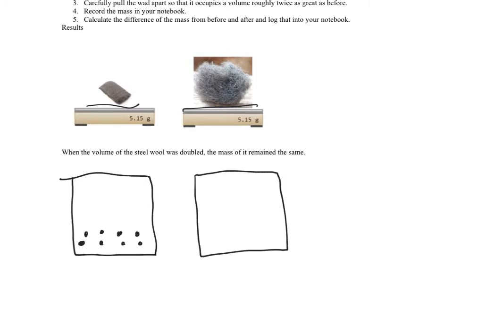When it's pulled apart, I have a total of 8 particles over here and a total of 8 particles over there, which represents that the mass of these two systems is not changing.